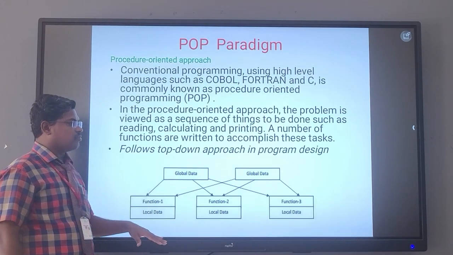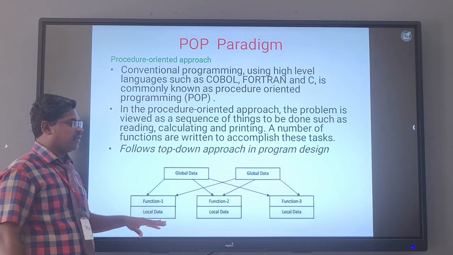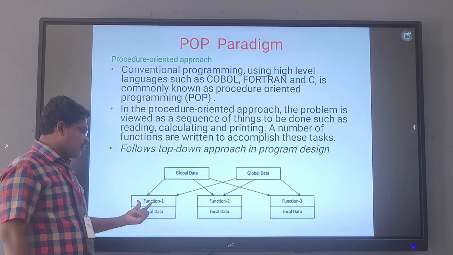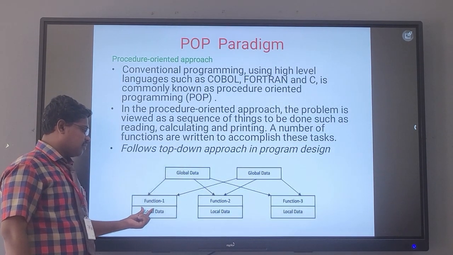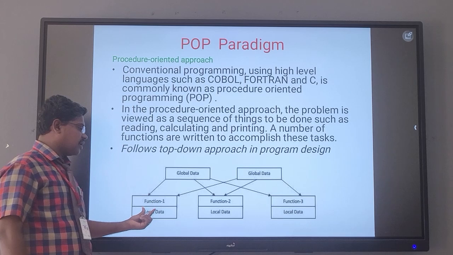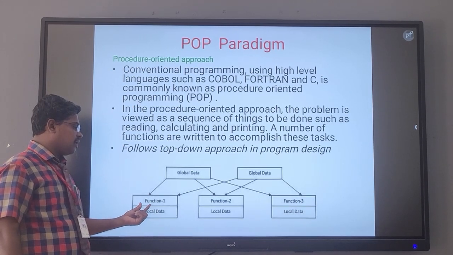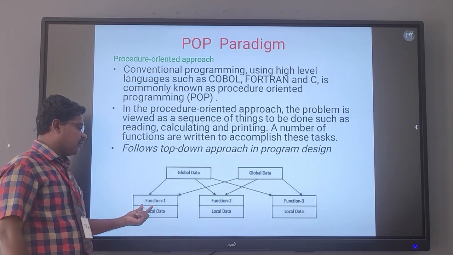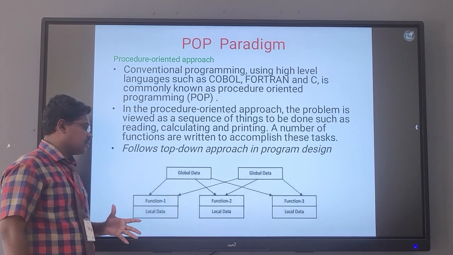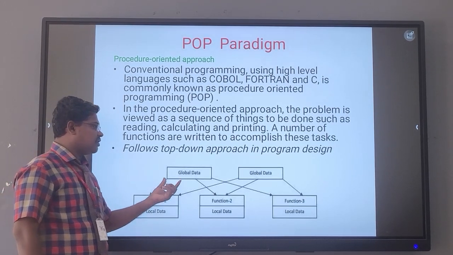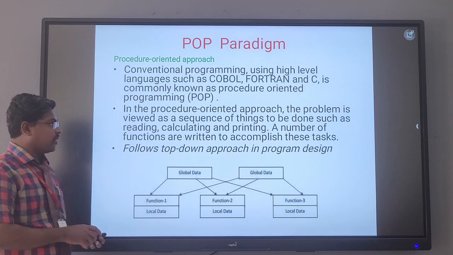But inside a function, we can declare data, for example variables or constants, and this is called local data. You cannot use the local data outside of the function. These are the general terms in procedure oriented programming.